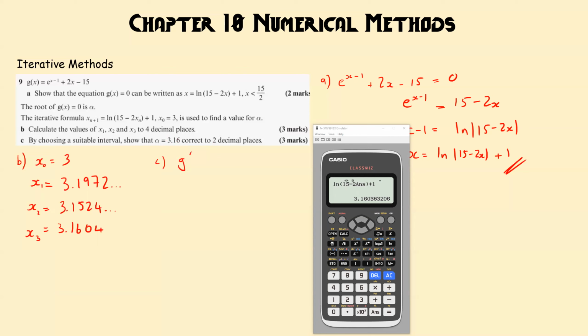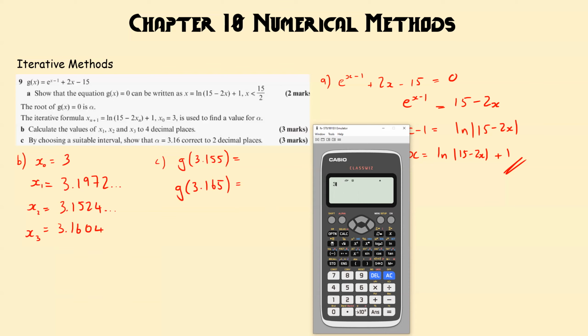So we're going to take g of 3.155, so the lower bound, and g of 3.165. So this is the lower and upper bound of this. If there's a sign change here, then alpha must be within there and it will round. So I'm just looking at this interval here to try and make that correct.